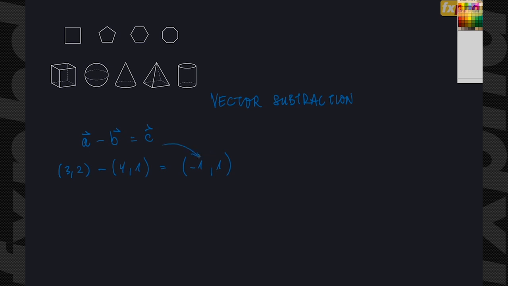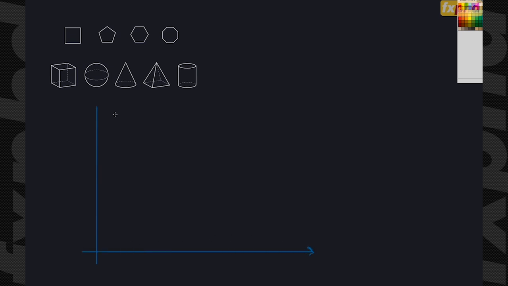Okay, but again, what about the geometric meaning of all of this? If I have two vectors, 3 and 1, let's say, this is A, and 4 and 3, this is B. Look at this and try to grasp intuitively what the subtraction could mean.